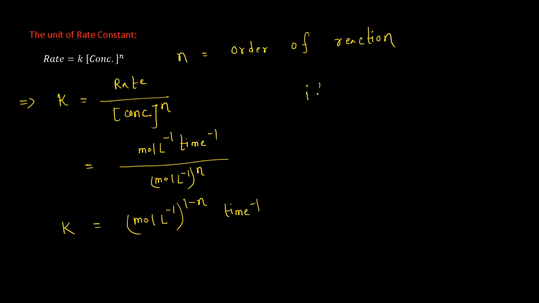If n equal to 0, that means the reaction is a zero order reaction. So the unit of rate constant will be mole per liter per time.